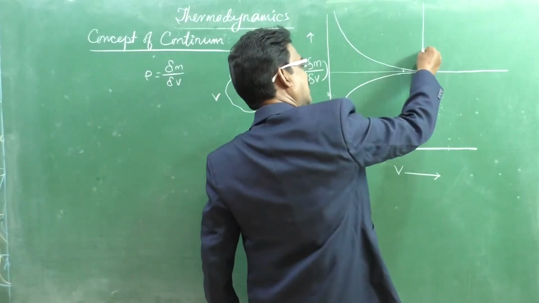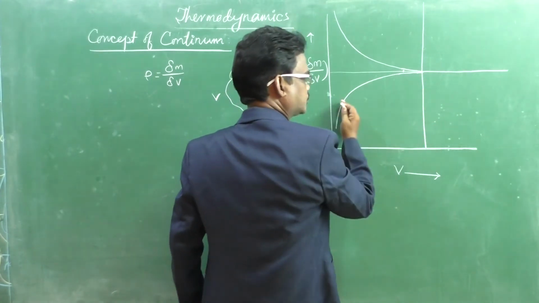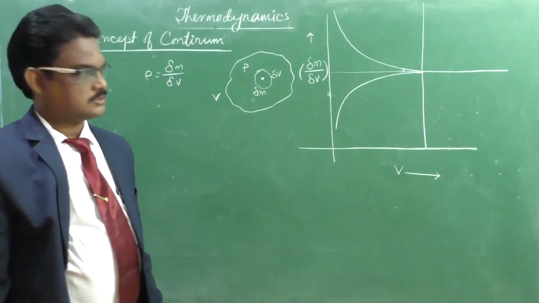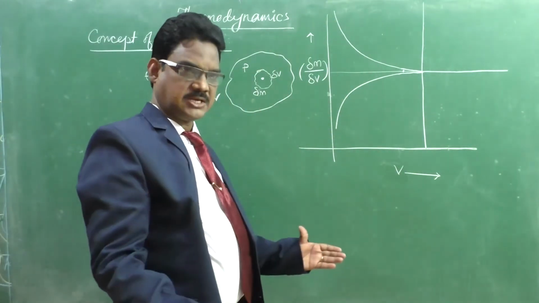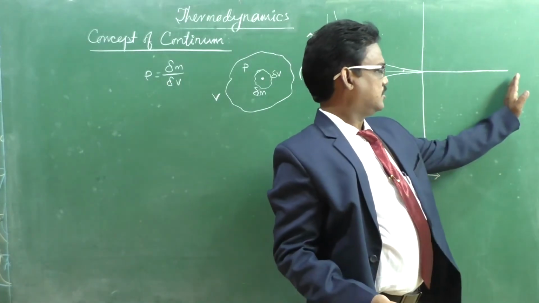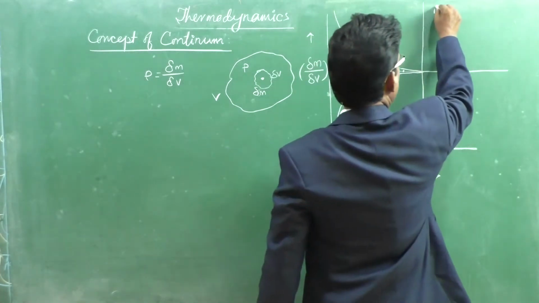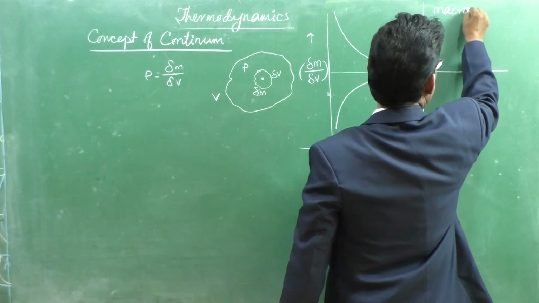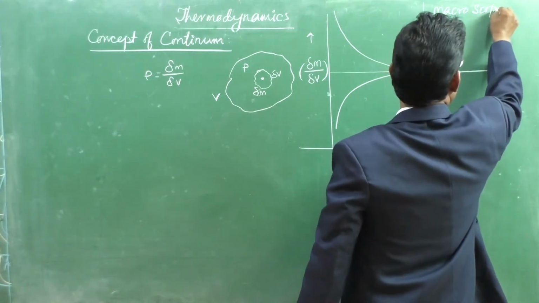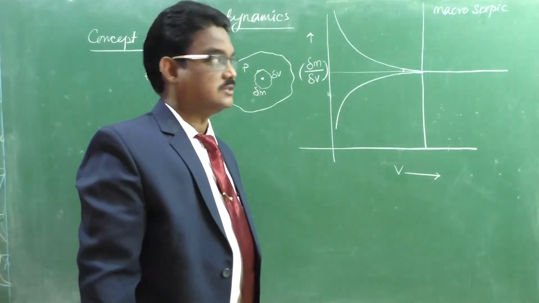This is the limit between microscopic studies and macroscopic studies. If you consider the statistical average of the properties, macroscopic relations are valid in this region.